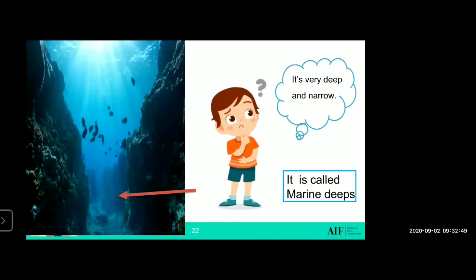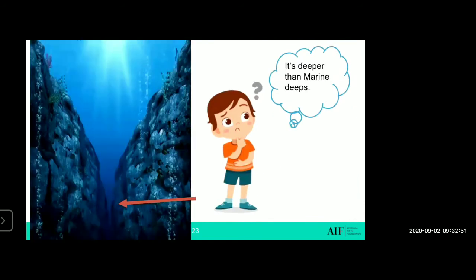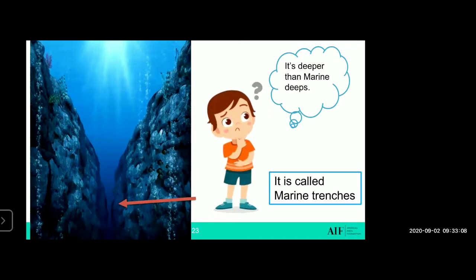While you can see here again, the boy is thinking that something is deeper than the marine deep. He has noticed that the earlier one was shallower and this is a little deeper than the earlier one. So the deeper portion is called marine trenches. You can see in this picture, it's deeper than the marine deep and this is called marine trenches.